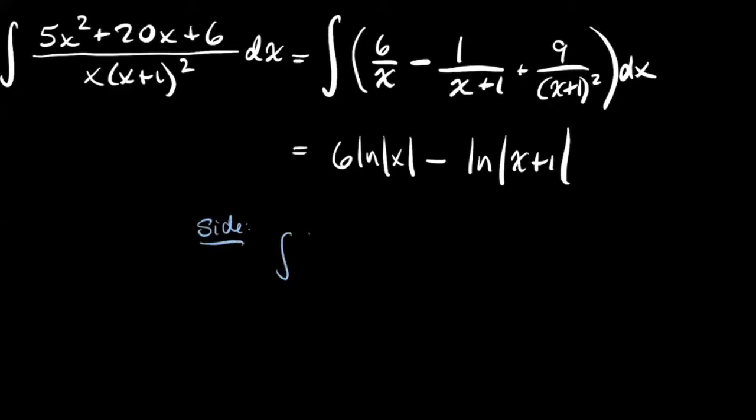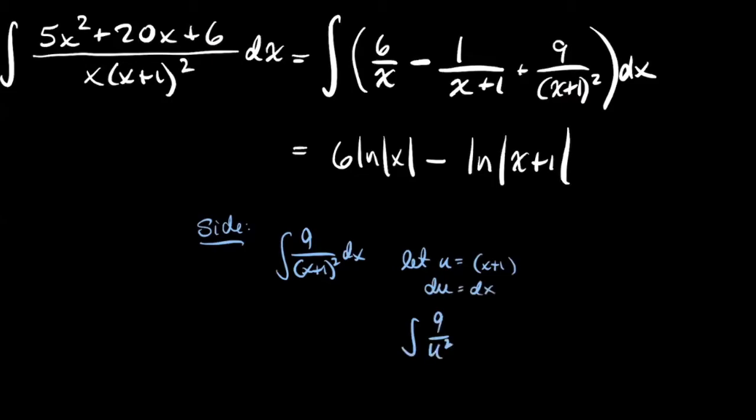So if we have the integral of 9 over x plus 1 squared dx, we would let u equal x plus 1. So du would just be dx. So it's really the integral of 9 over u squared. And instead of dx, we have du. So that's really 9 u to the negative 2 du.